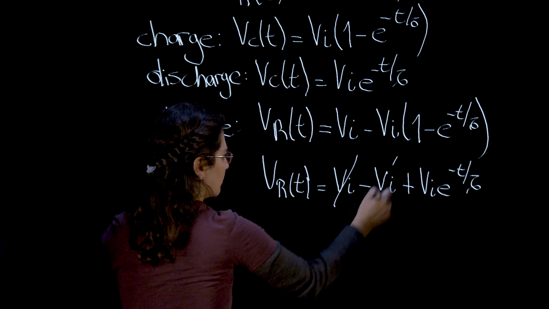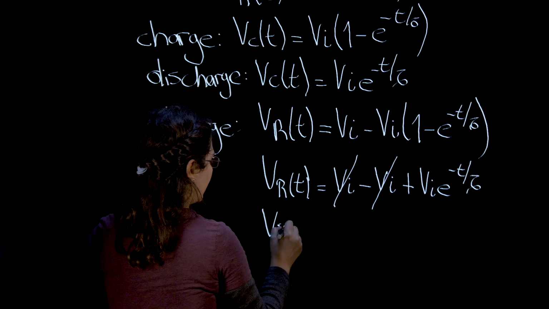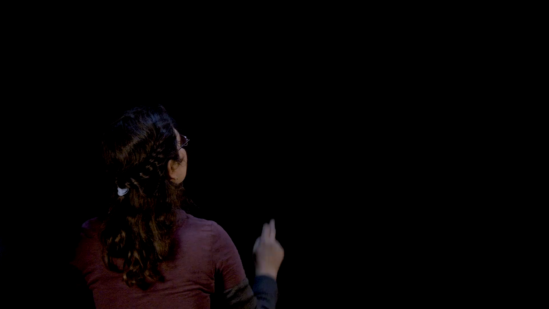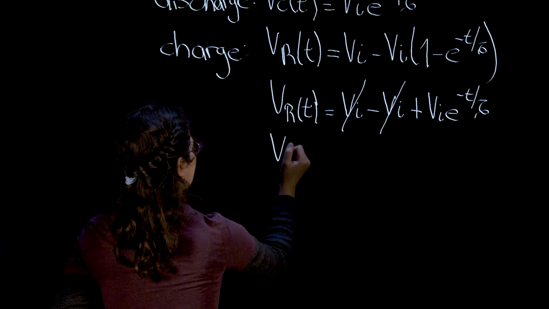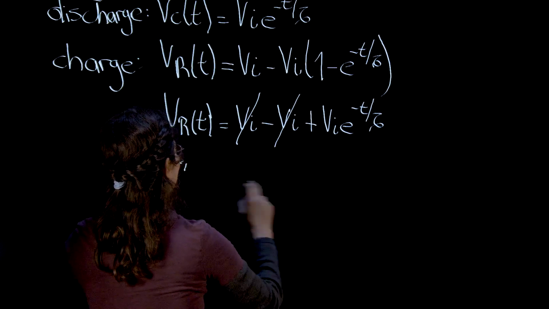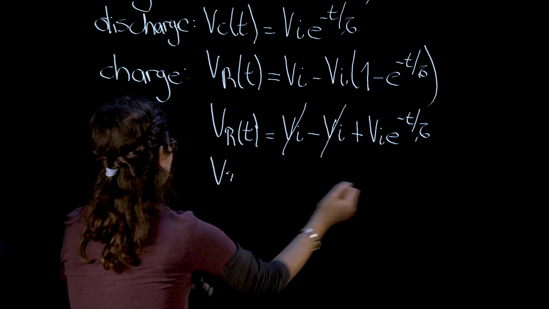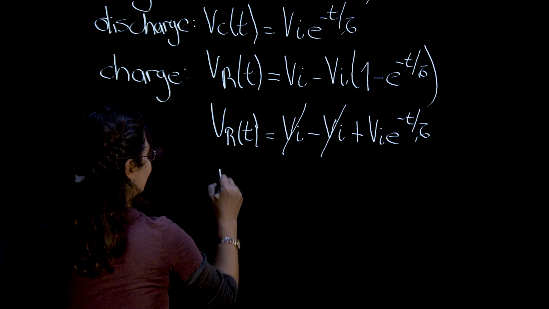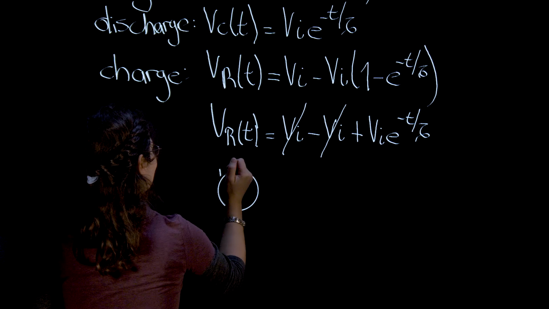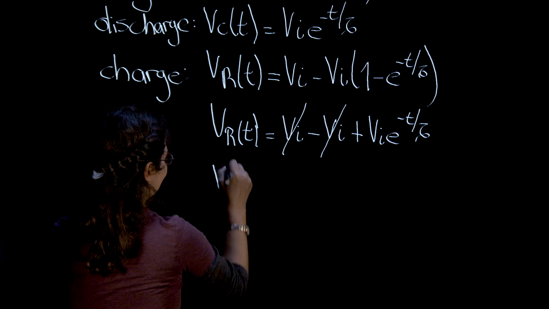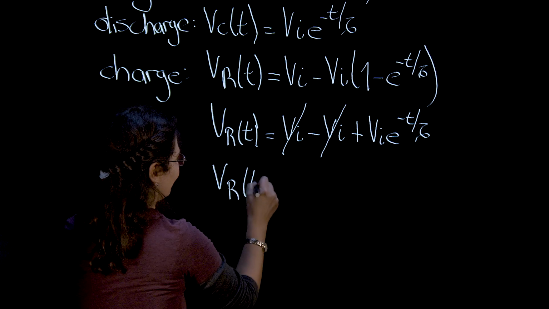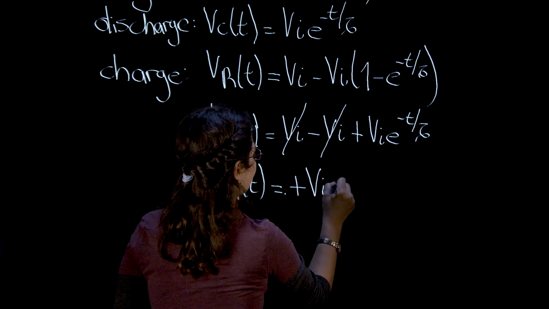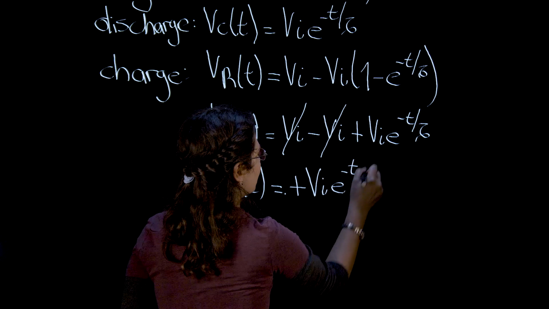And that cancels out with that one. And we get that the voltage in the resistor is equal to plus Vi times e to the minus t over tau.